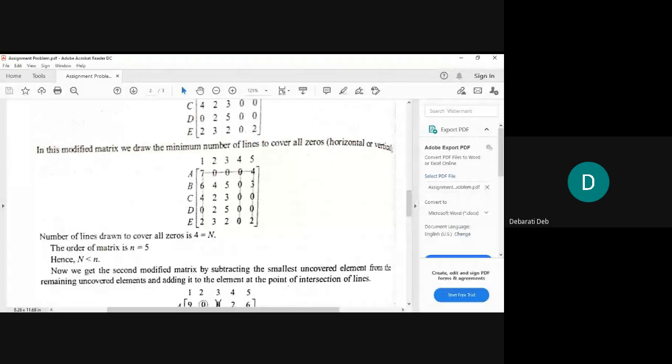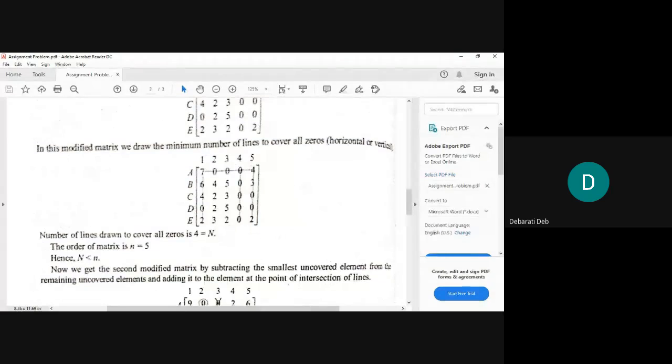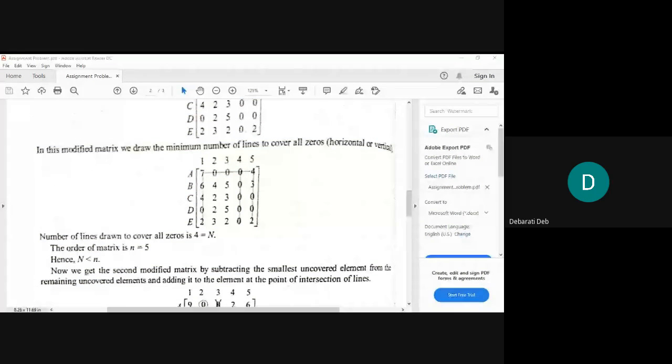All right, so that we followed. Then what is our next step? As a next step, we have to see that the number of horizontal and vertical lines should be just equal to the order of the matrix.